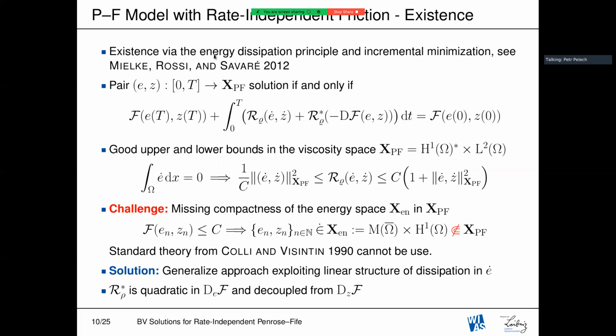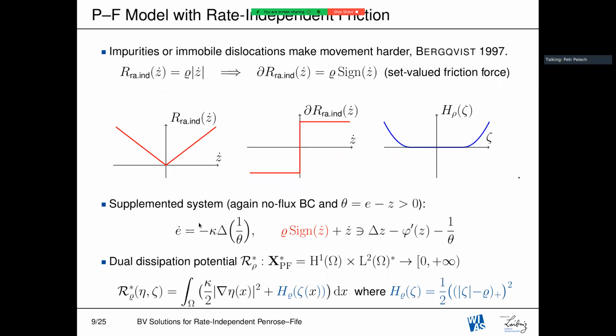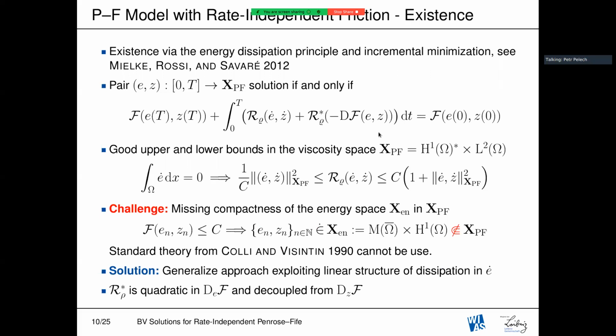We did it with the energy dissipation principle and an incremental minimization scheme. The energy dissipation principle just reformulates the equation from this gradient flow, which is an equation in Banach space. We reformulate it equivalently as a scalar equation. This equality is actually an optimality condition, but the point is that it's not a complicated object in a Banach space.